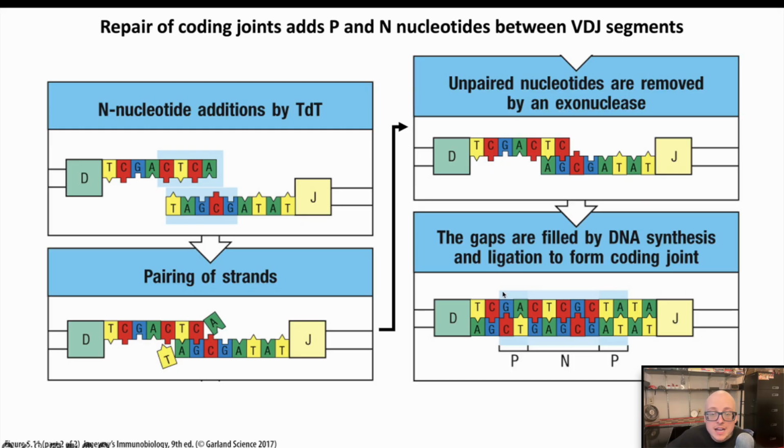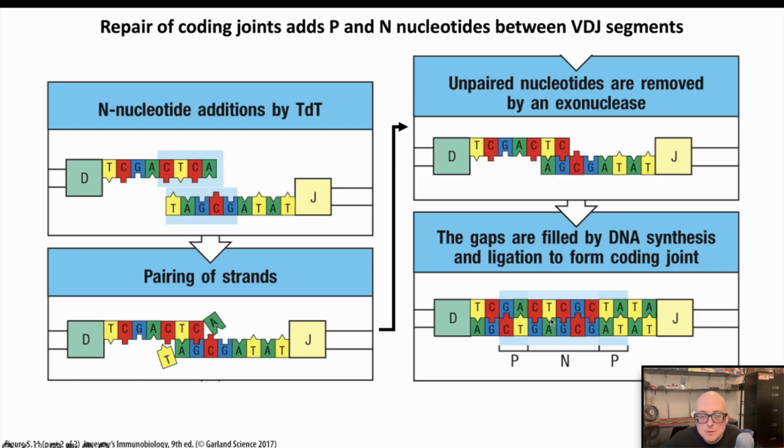And what we are left with then are these palindromic nucleotides, or P nucleotides, that were generated by DNA-PK and Artemis, as well as some number of N nucleotides whose origin was the activity of the enzyme TdT. And again, the exact number of nucleotides that you end up with varies from recombination event to recombination event.